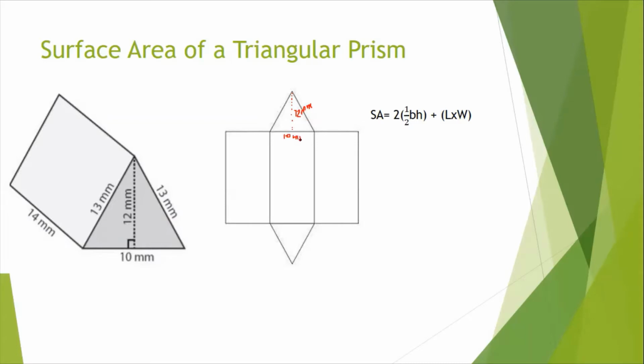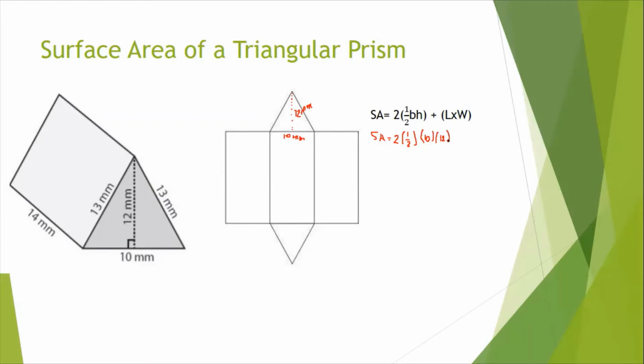This time, let us find the area of our triangles. Surface area is equal to 2 times 1/2 times the base, which is 10, and the height, which is 12.